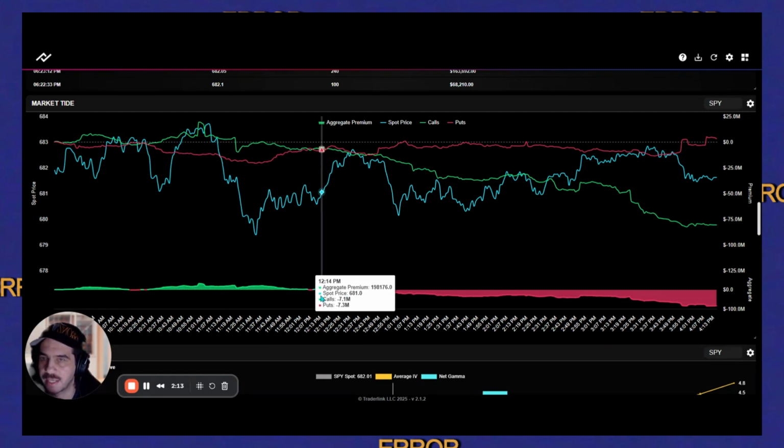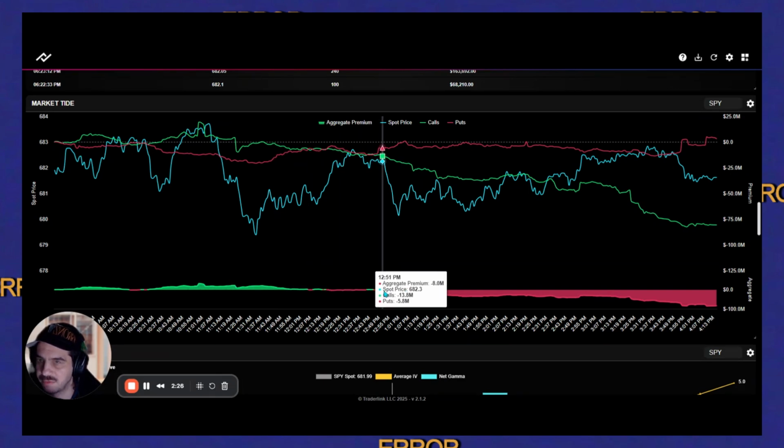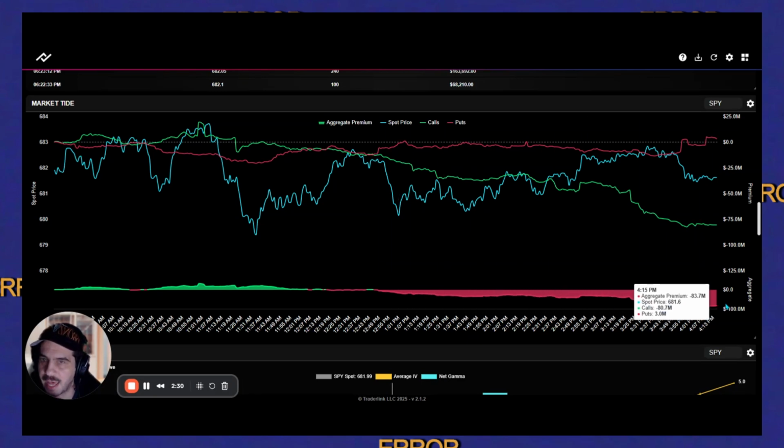So our aggregate down here is going to show overwhelmingly who is winning the battle between calls and puts. As we could see this morning with SPY, we saw a pretty bullish skew with calls, and then we had a flip to bearish here around 12:47 today that kind of bled out through the rest of the day. And that's what that red fill is going to tell you. So this is showing live bearish pressure.